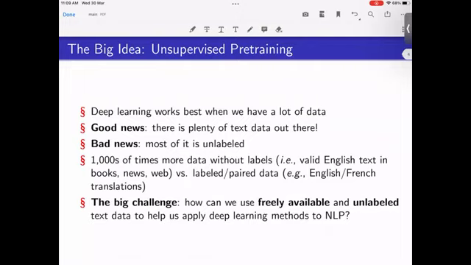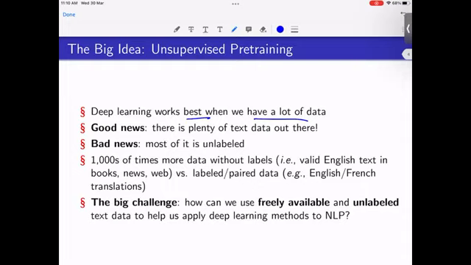So the big idea is unsupervised pre-training. We have seen that deep learning works best when we have a lot of data. We have said many times that deep learning is doing wonders. Every day we see a new model become the new SOTA on some benchmark, with billions of parameters.